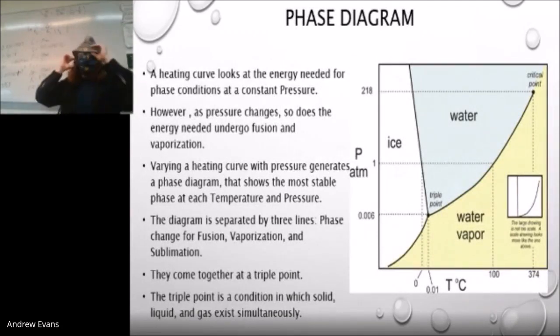This phase diagram compares temperature to pressure. At a given temperature and a given pressure, it tells us what phase would be the most stable phase that would occur. If you keep this pressure the same and you run this across, you would essentially generate the heating curve that we just saw.